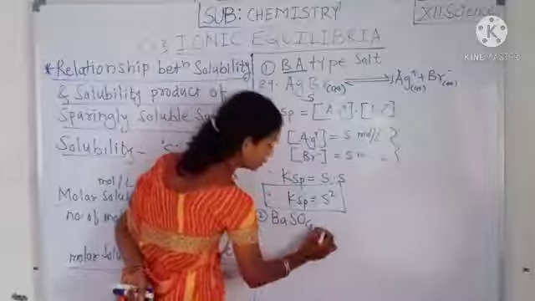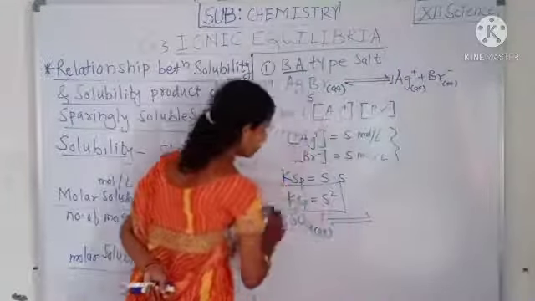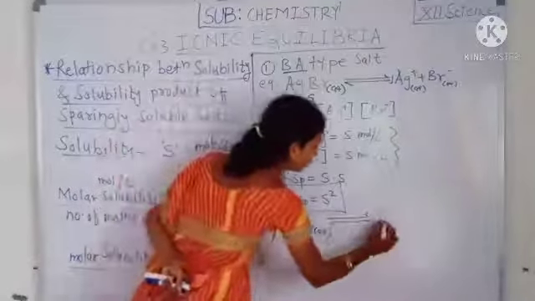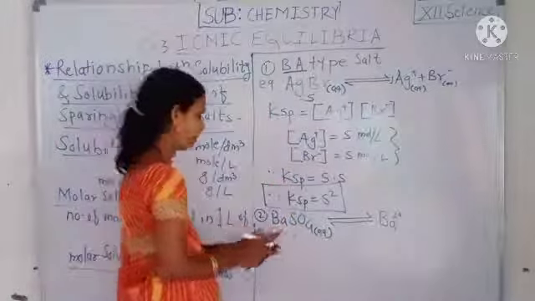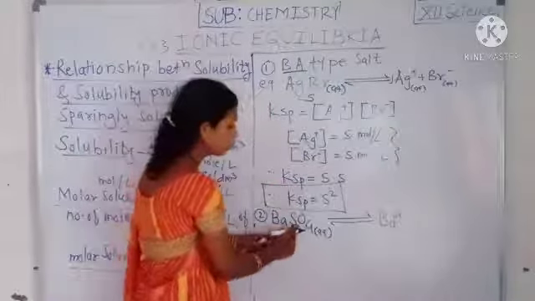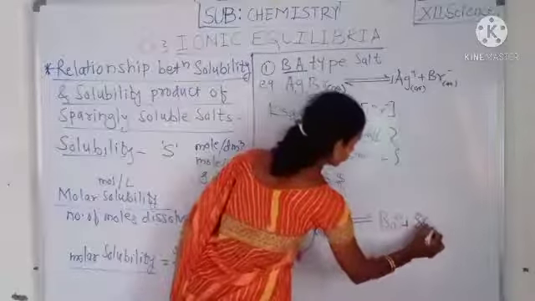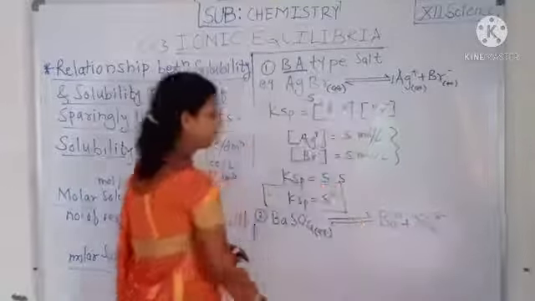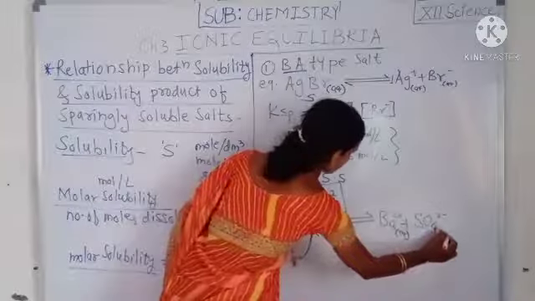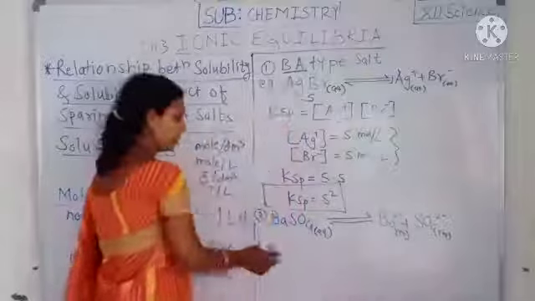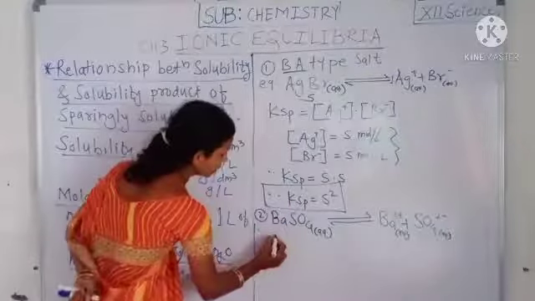When dissolved in aqueous medium, it dissociates to give Ba2+ ion, the valency of Ba is 2, plus SO4 2- ions.